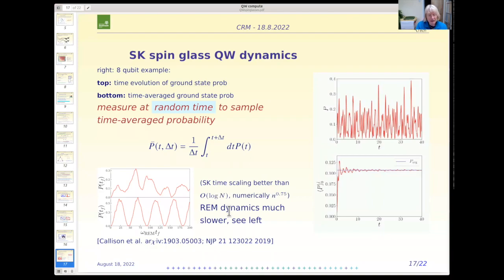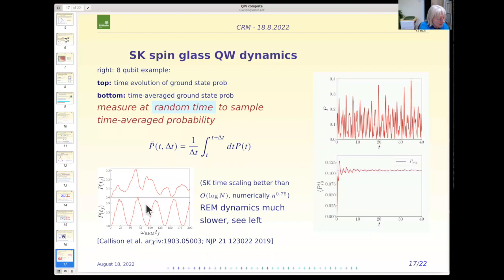The random energy model dynamics are much, much slower. So look here. This was 0 to 40, and this is 0 to 200. So 40 is about here. And so you see, we can do the same thing with a time average, but we have to run it for much longer in order for it to converge to the time average.